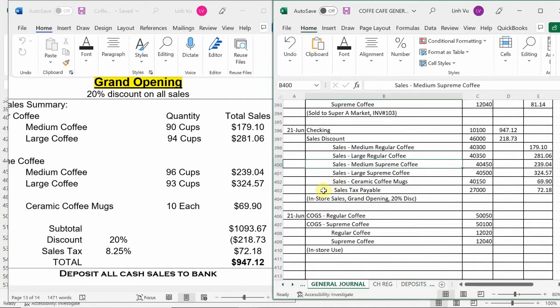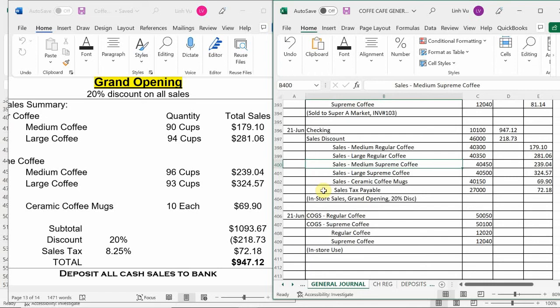Okay. What else do we need to record? Or what else do we need to do? Sales discount. What do you mean? We need to go and do the sales discount. Okay, we did the deposit.